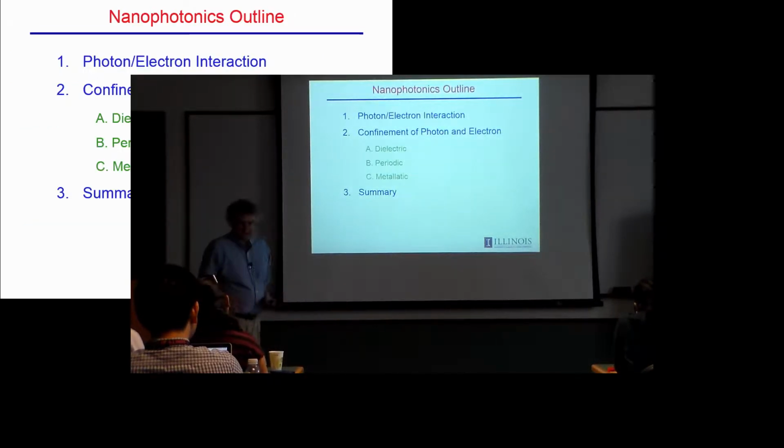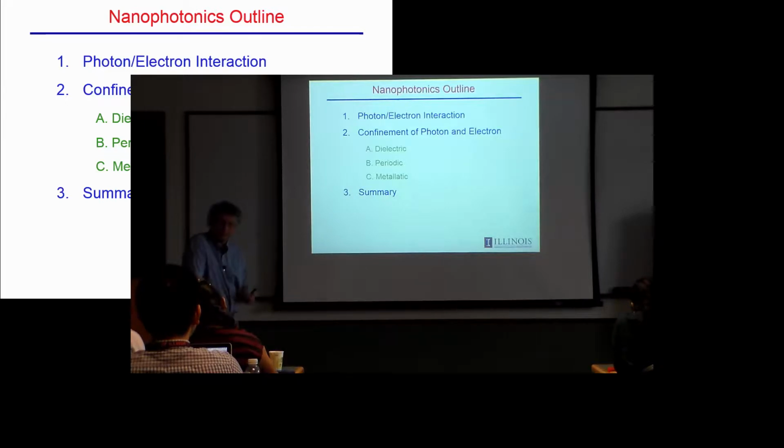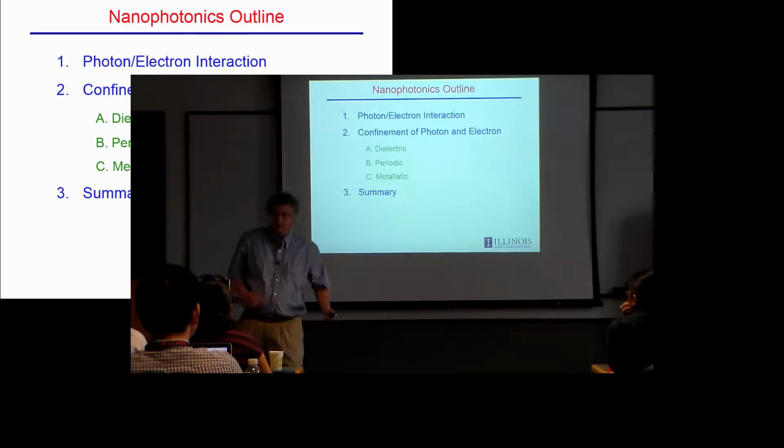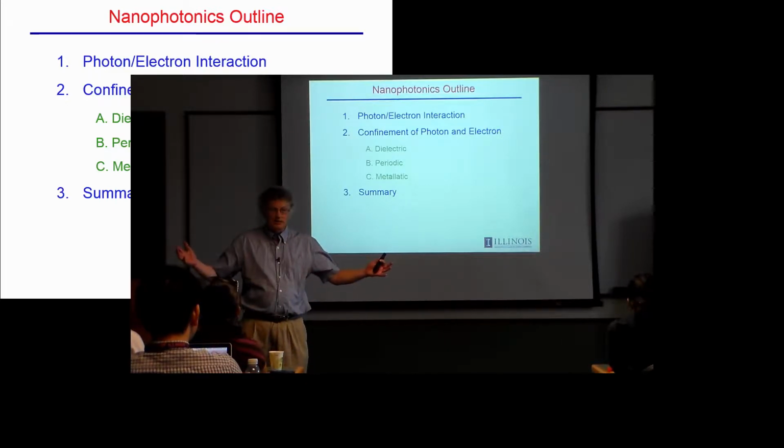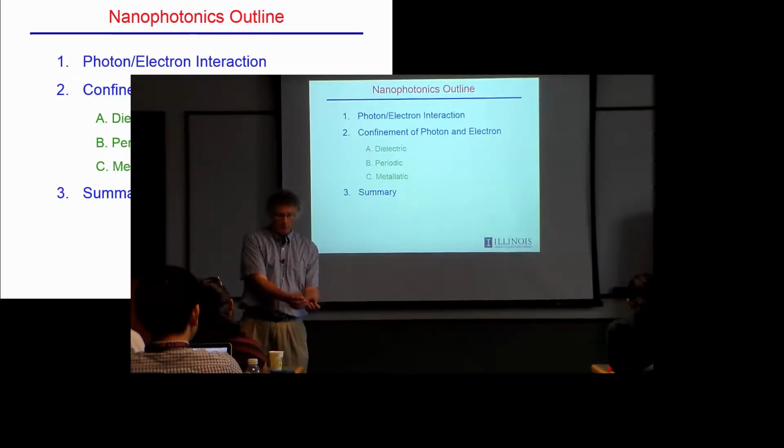So this is the outline of the next 50 minutes. We'll first talk about the photon-electron interaction from a fundamental perspective. And then, since this is nanophotonics, we'll ask ourselves, how can we confine the electron, and how can we confine the photon? Because we want to look at that interaction at the smallest length scales.